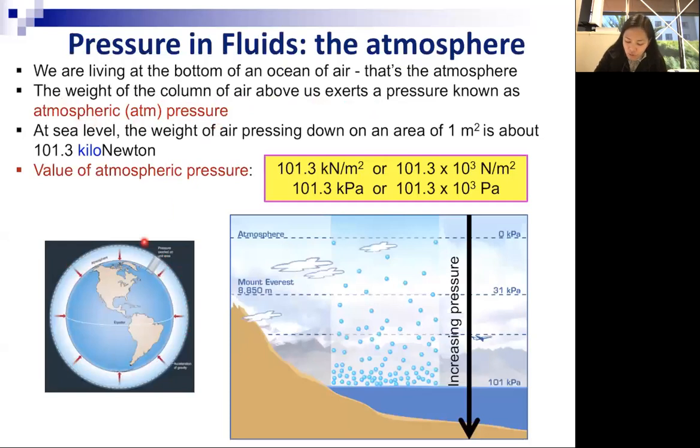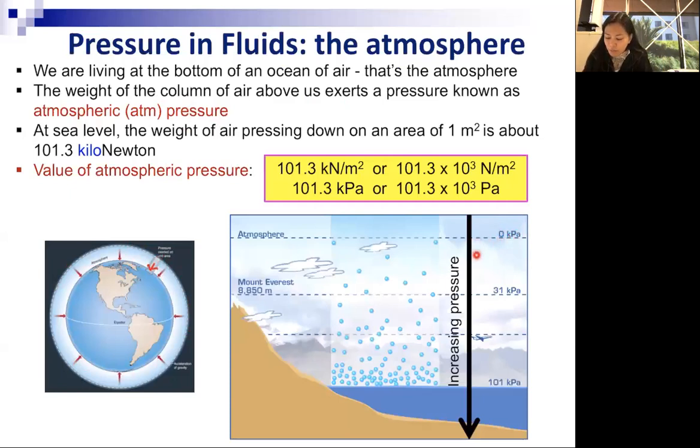Okay, so the earth is surrounded by this atmosphere, and if you just consider this column of air, then this column of air will exert a force on the surface of the earth. And that's what we call atmospheric pressure. If we look at how the atmospheric pressure changes, say in outer space where there's no atmosphere, there are no air molecules exerting force, and so the pressure is zero.